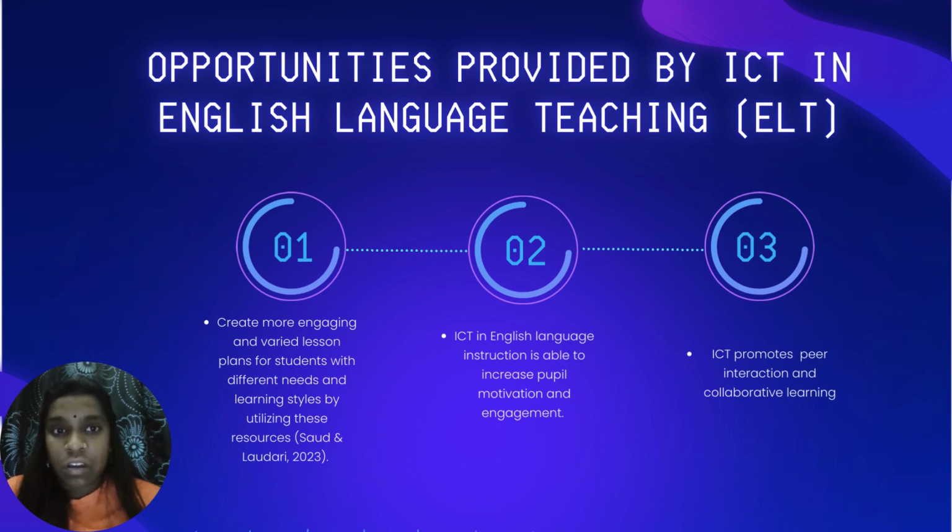To be particular, the digital storytelling application is one of the innovative uses of ICT that promotes creativity and critical thinking in language learning. Pupils actually can express their ideas and emotions through a range of communication channels by creating and sharing stories using multimedia tools.